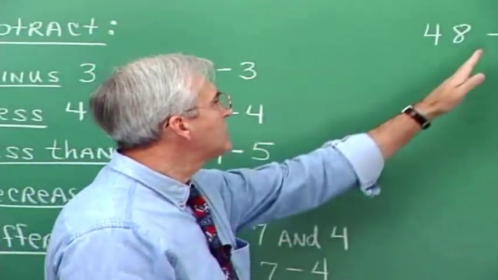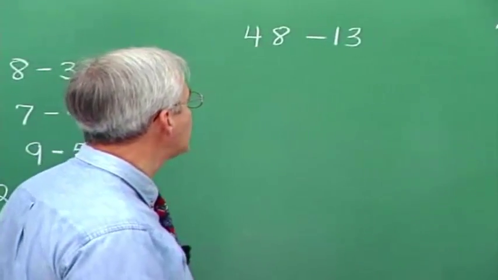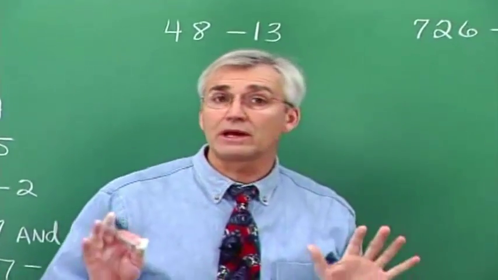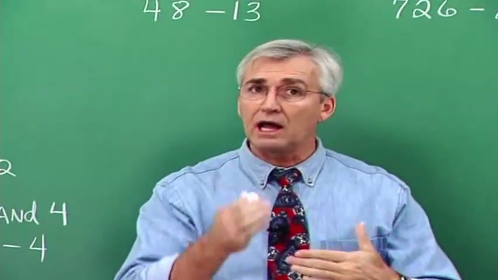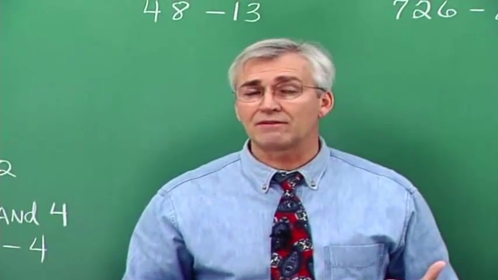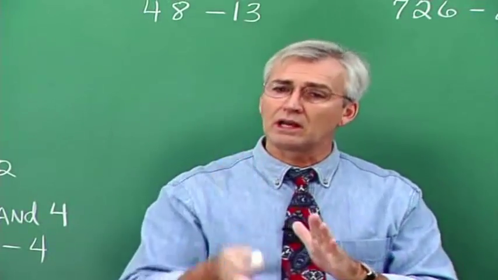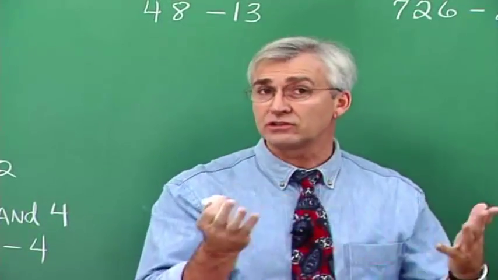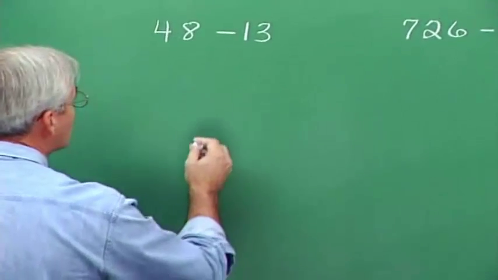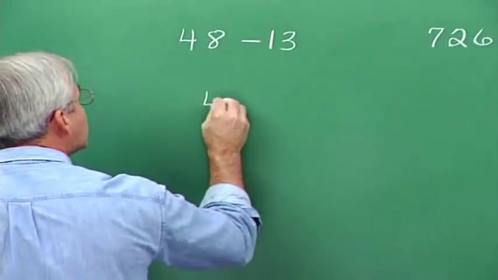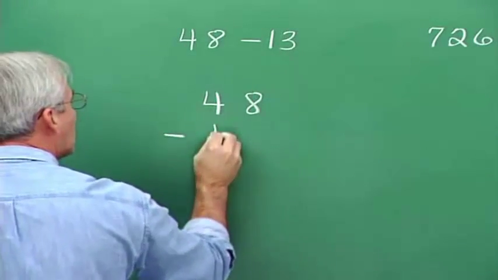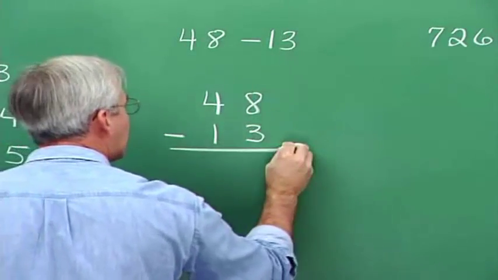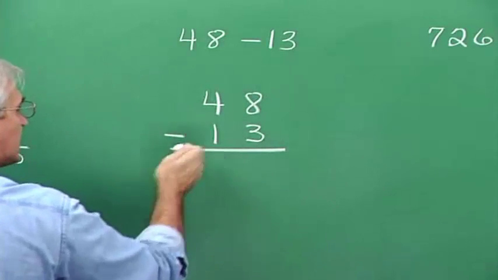Here we're taking 13 from 48, and once again, when we go through the process arithmetically, it's important to align the digits which have the same value. That is, we want to align the ones digits, the tens digits, and so on. When we set this up for subtraction, we write the 48, and then we want to subtract 13, so we write it like this, with the ones digits and the tens digits aligned.